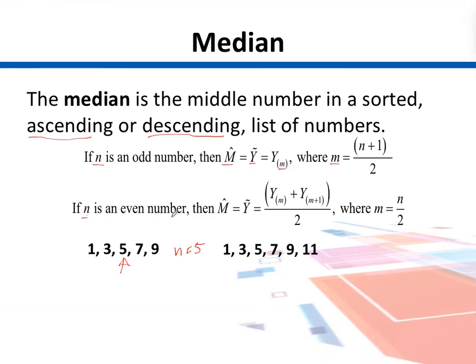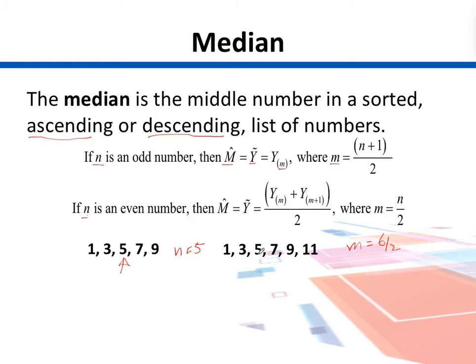If n is an even number, m hat estimated by y tilde, we can get as the average of y at position m and the next one, m plus 1. Actually these are the middle two numbers. We get m as n divided by 2. For example, here we have a list of even numbers, and we have 6 numbers. So m is 6 divided by 2, so it is the third number.